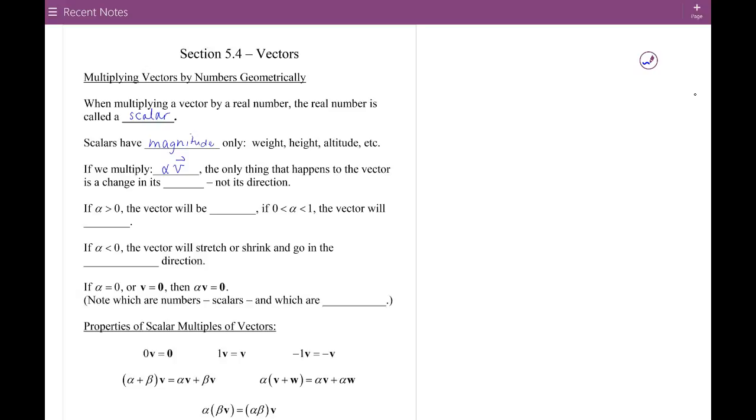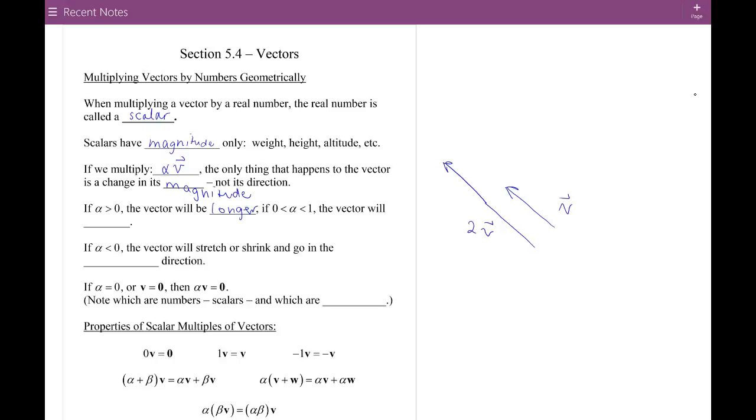The only thing that happens to the vector is a change in its magnitude, not its direction. So if this is vector v, this is vector 2v. It's twice as long, exactly the same tilt. So if alpha is greater than 1, the vector will be longer.